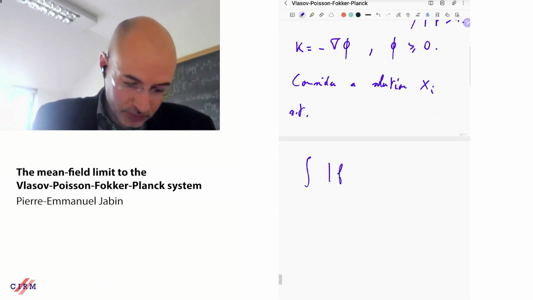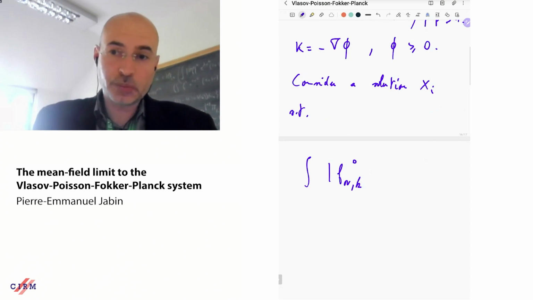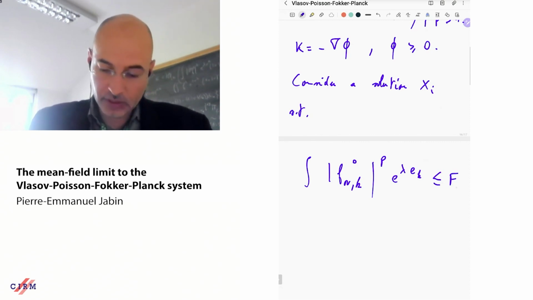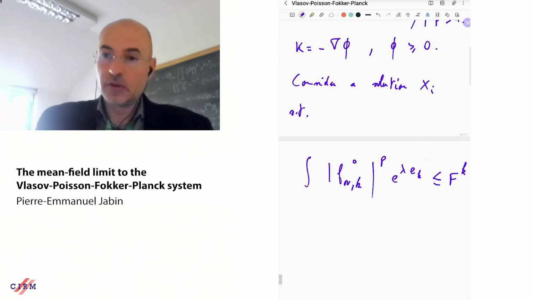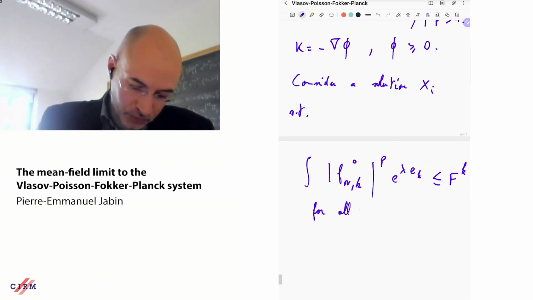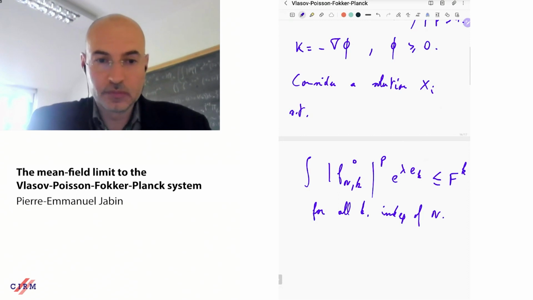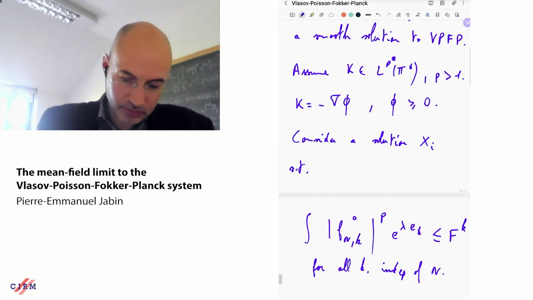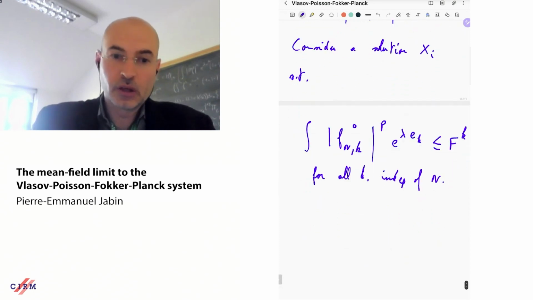And here, what I need is that the corresponding marginal at 0, in some L^p times some exponential of some small parameter lambda E_k, is less or equal than some fixed given number to the power k for all k. Then everything works.